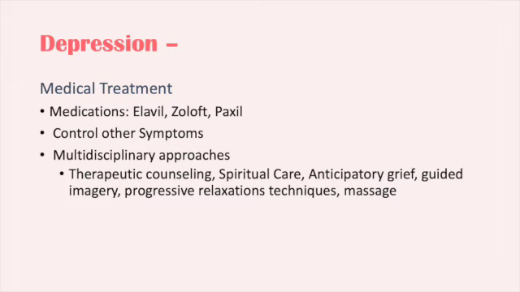These are things that most times would be scheduled medications, so they will automatically be in the pill box, and you would just give according to when they're scheduled to give. Other things would be counseling or spiritual care involvement, guided imagery, massage. These are also things that could help with that depression.